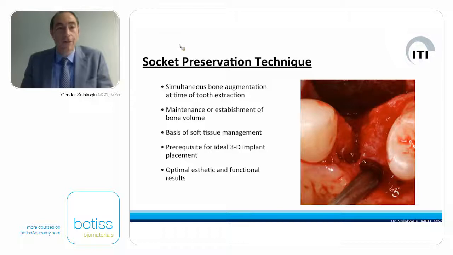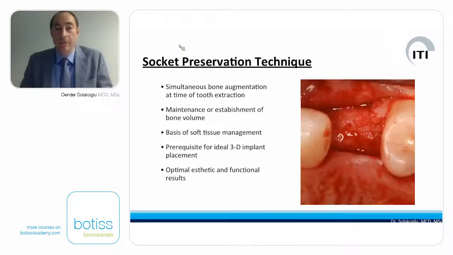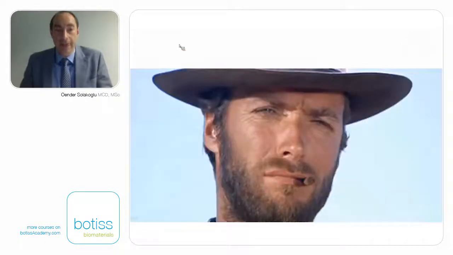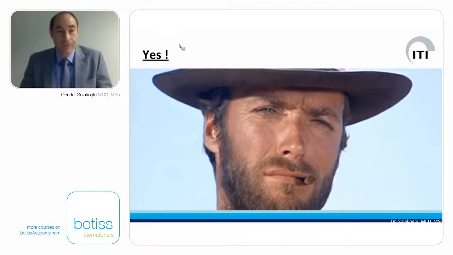And of course, for optimal aesthetic and functional results as our patients expect from us. And we can also, as I mentioned before, avoid an additional separate procedure of bone augmentation.